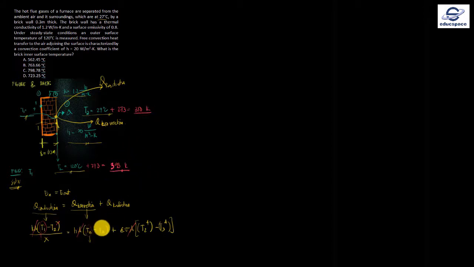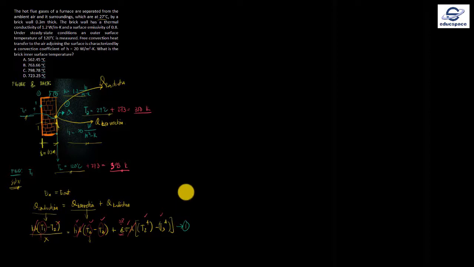So T2 is given, T3 is given, and the h value is also given. The emissivity is given as 0.8, and the Stefan-Boltzmann constant is given. So we have one equation, one unknown.